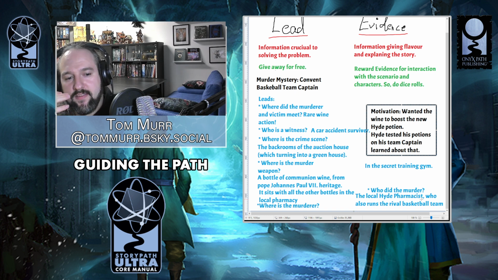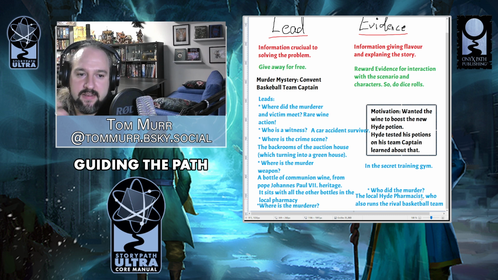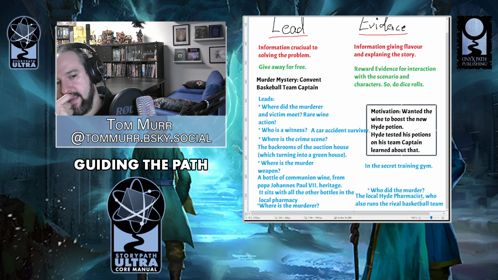So the Hyde pharmacist also runs the rival basketball team, and they needed the wine because it has some special properties that can enhance the Hyde's potion, which they are testing on the sports ball fields.